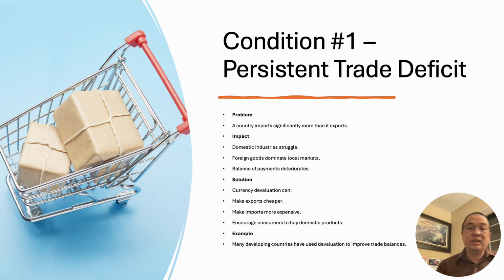Problems may include loss of domestic manufacturing jobs, dependence on foreign products, and pressure on the balance of payments. So devaluation can help by making exports cheaper and making imports more expensive, and this would encourage consumers to buy domestic products. Many developing countries have used this strategy to improve their trade balance.